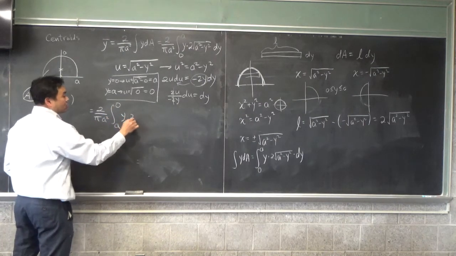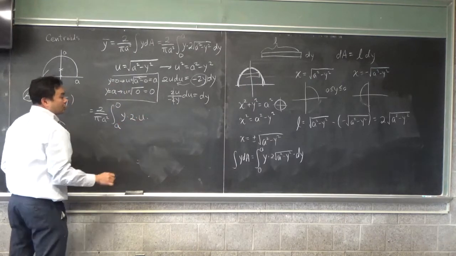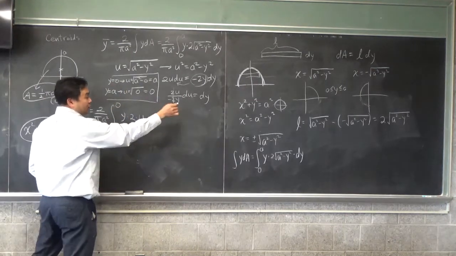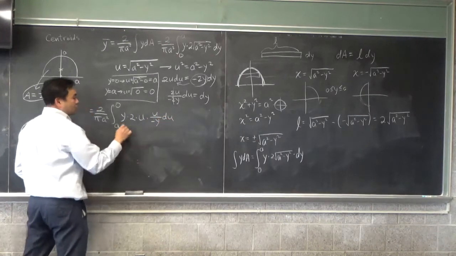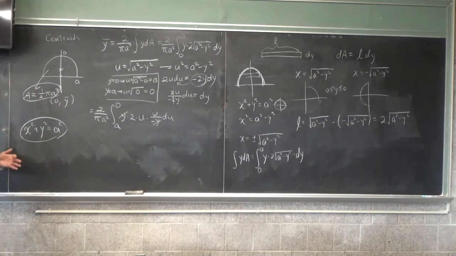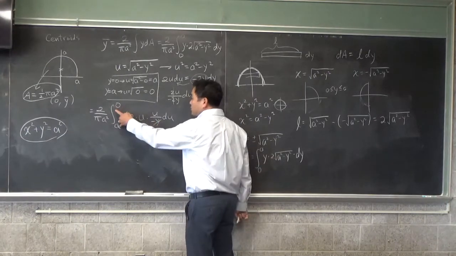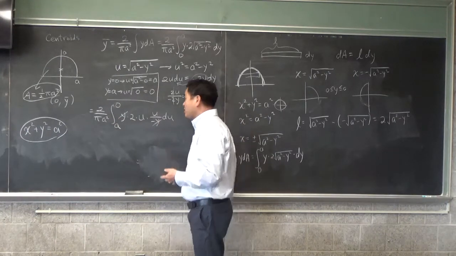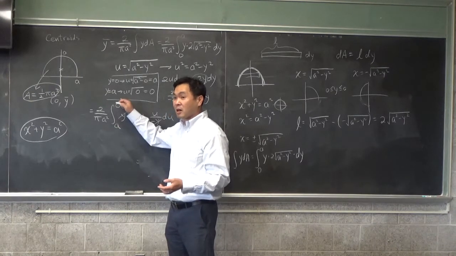y times 2 times, we decide to call the entire square root u. And we also know that dy is equal to u over negative y du. So that y can cancel. And furthermore, we can use this negative to flip these two limits around. The reason I want to do that is because usually you want the bottom number to be lower than the top, right?